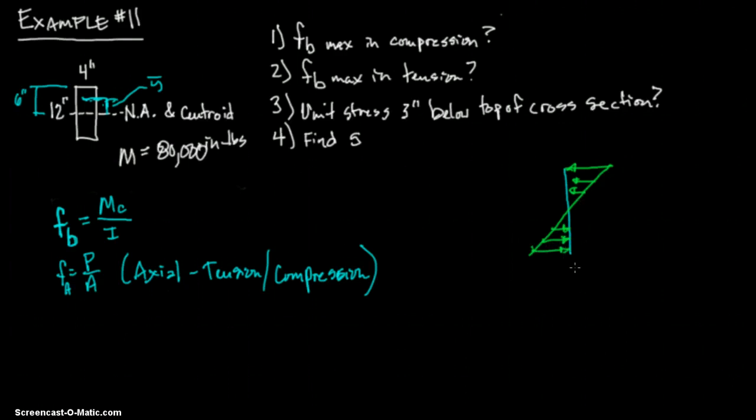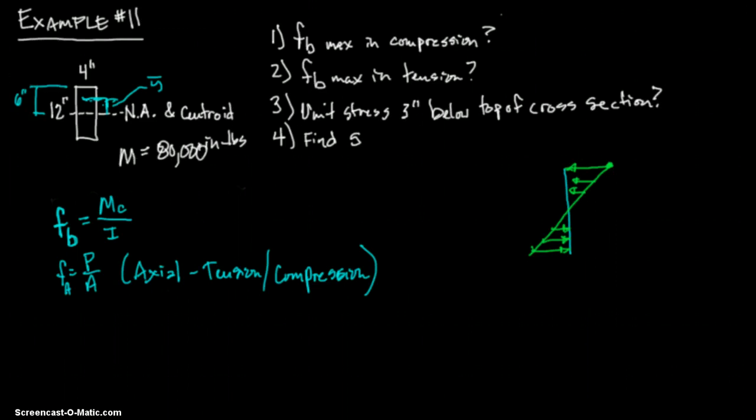So this cross section is in equilibrium if you look at it. This area up here equals this area down here. And this is going to be your max stress, whatever this is at right here, in PSI or KSI or whatnot.